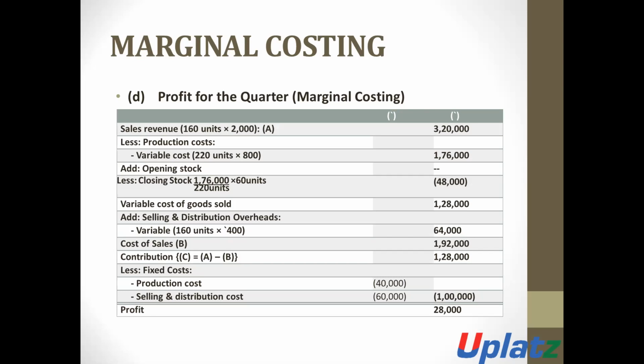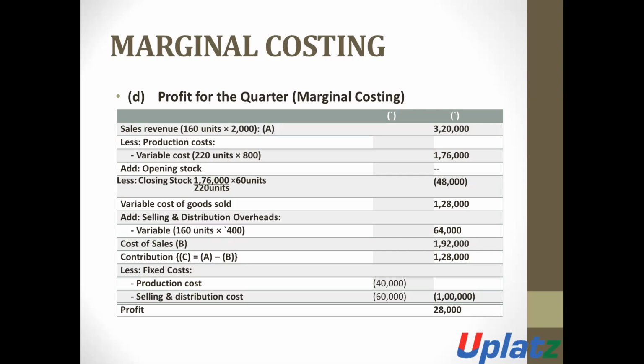There is a change in the value of closing stock, because in the case of marginal costing, the closing stock is to be valued at the variable cost. The variable cost is 1,76,000 of 220 units into 60 units. Then 48,000 is the amount of closing stock which will be reduced.